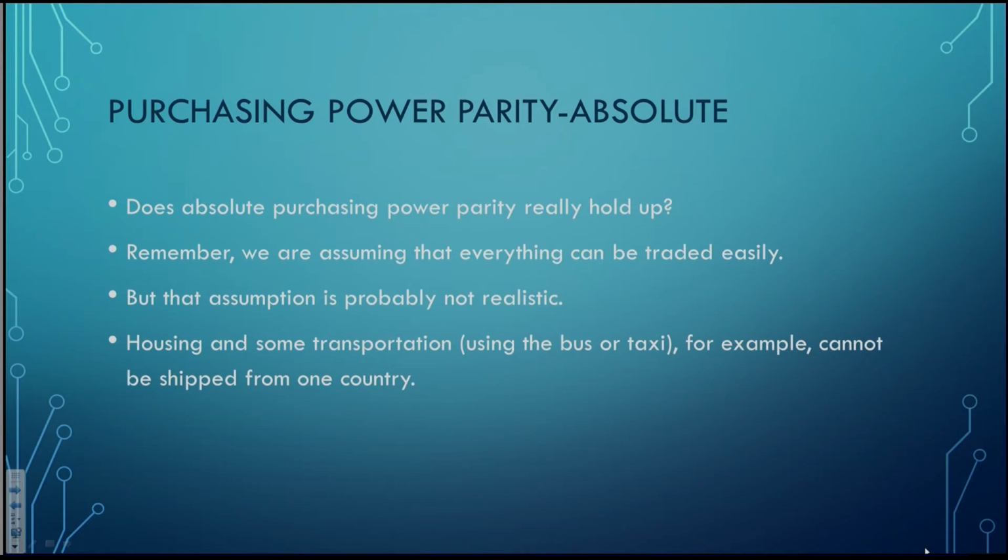Housing and some transportation, for example, using a bus or taxi, well, that's in the basket. That can't be shipped from one country to another. So if your basket of goods and services includes housing and transportation, like getting in a bus or a taxi, well, we aren't going to have the law of one price there because they can't be shipped, right?